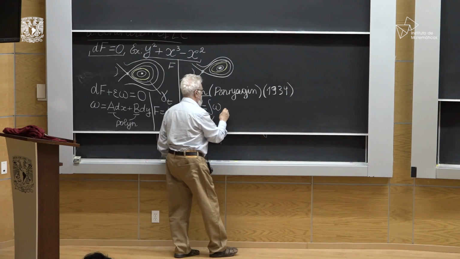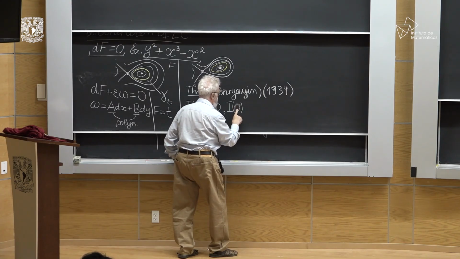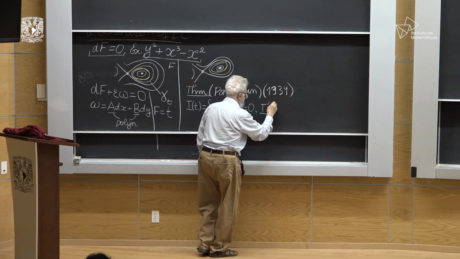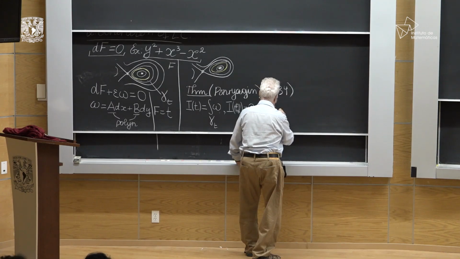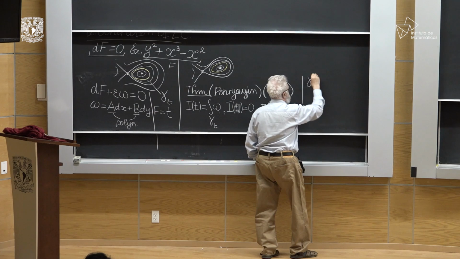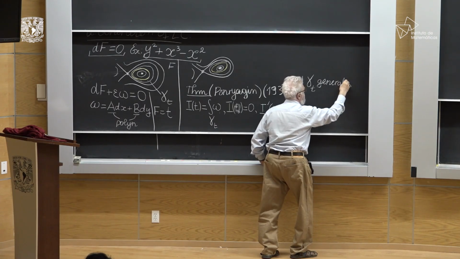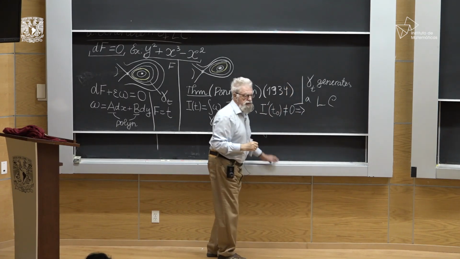So if I of t0 equals 0, and the derivative of I is different from 0, then gamma t0 generates a limit cycle under this perturbation.